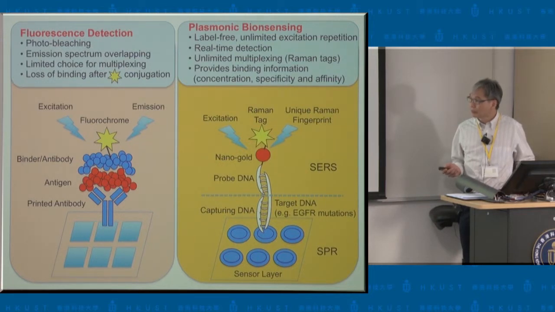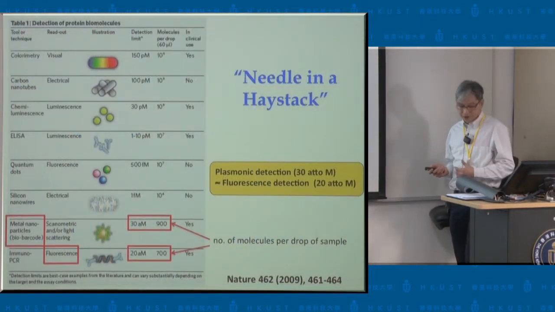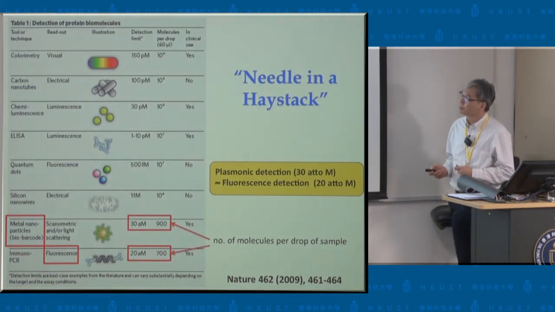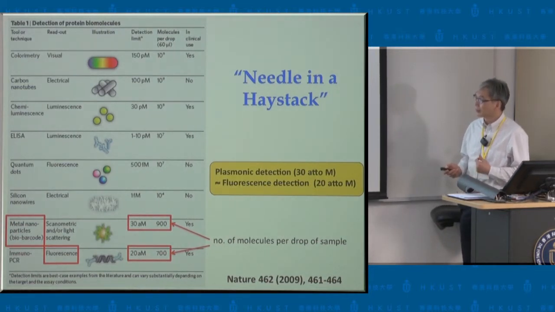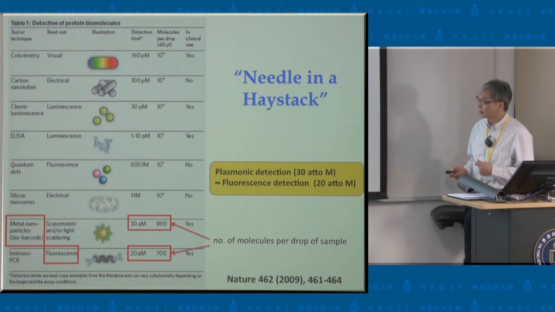Usually, you talk about 1,000 times less sensitive compared to fluorescence. But up until a few years ago, people developed assays which involve plasmonics, in other words, nanoparticles of metal, and give you comparable sensitivity. We are now approaching the attomolar level. Fluorescence is 20, whereas the plasmonic detection is 30.